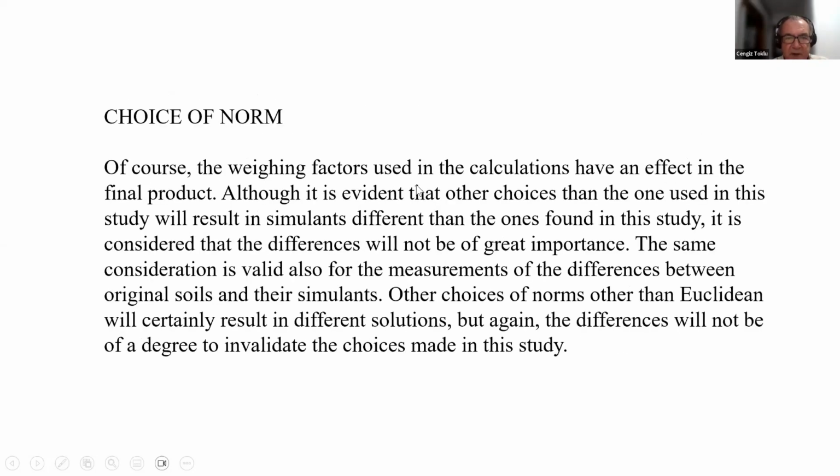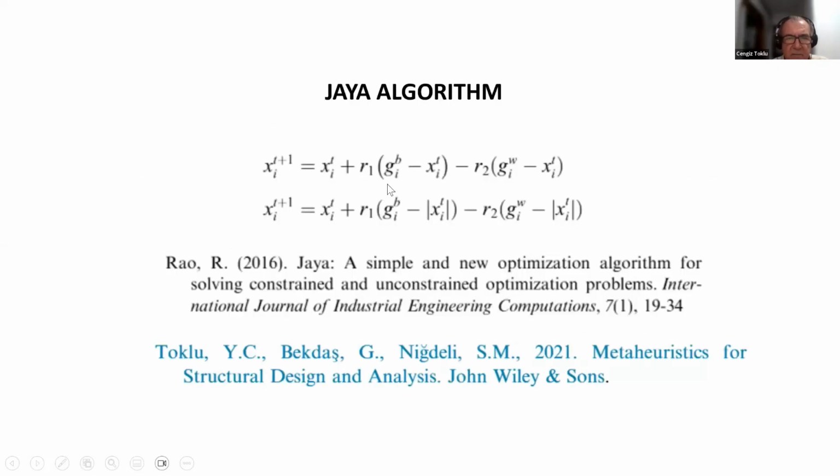So we have used weight factors, and then we have used the Jaya algorithm. It is one of the optimization algorithms. Just to make a point, the original way of this Jaya algorithm is given in the second line with absolute signs. We have shown later that these absolute signs should not be used.